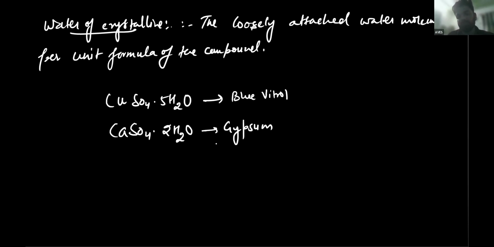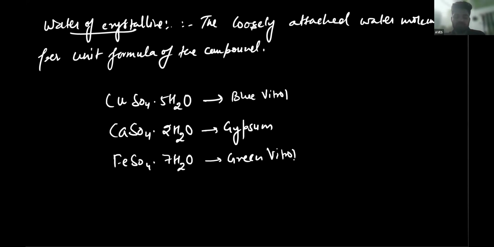FeSO4.7H2O is called green vitriol. Understood? Note it down fast.